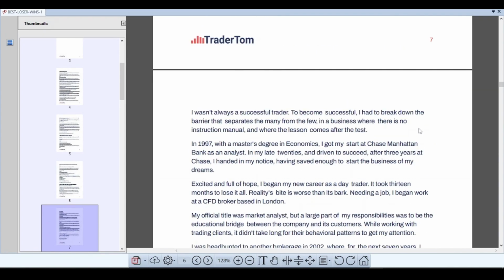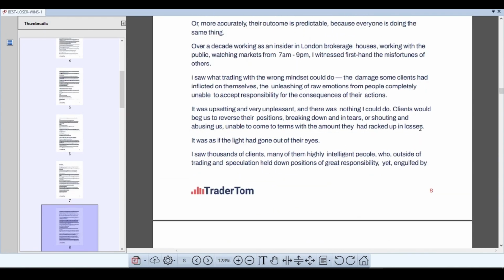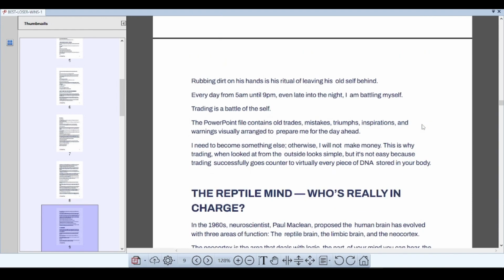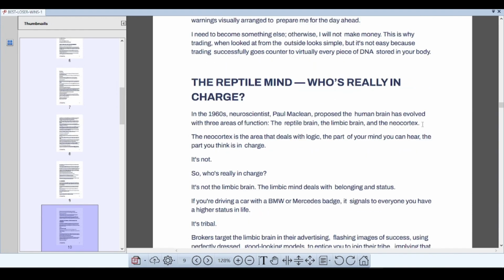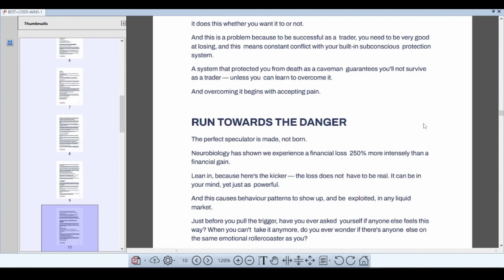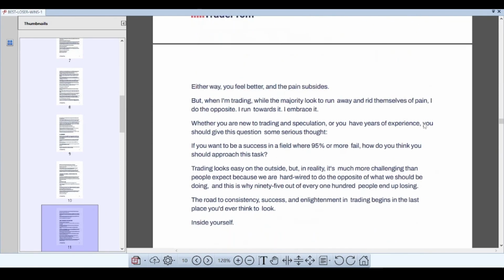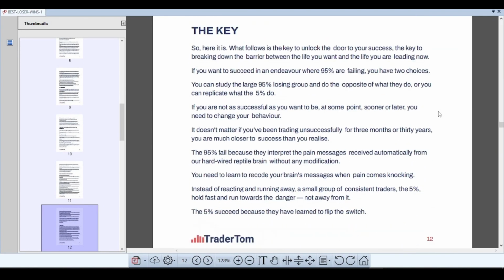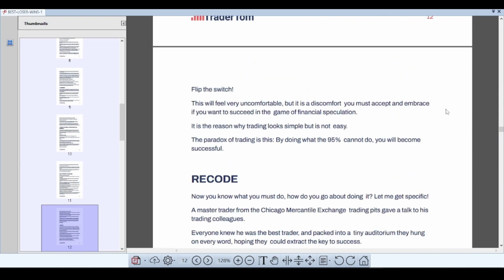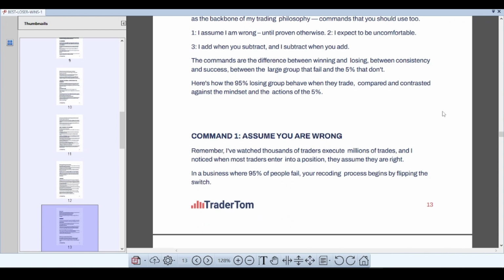The first thing they think about is the risk. Because the moment you start to think about the profits, you are doomed, because money itself is an emotional subject. So the first thing you're supposed to do is focus on the risk and not the reward. If you focus on the reward, you're going to have unrealistic expectations.